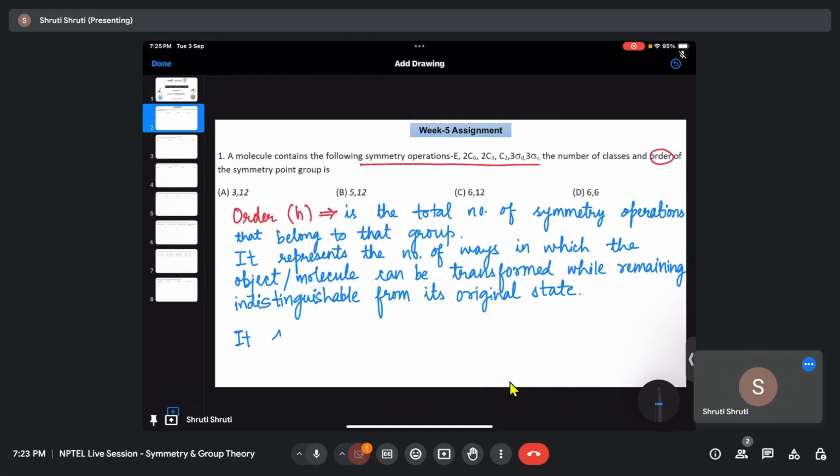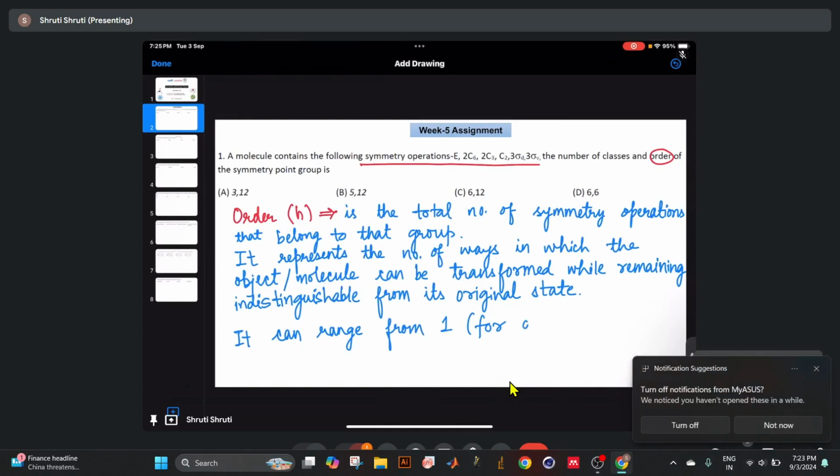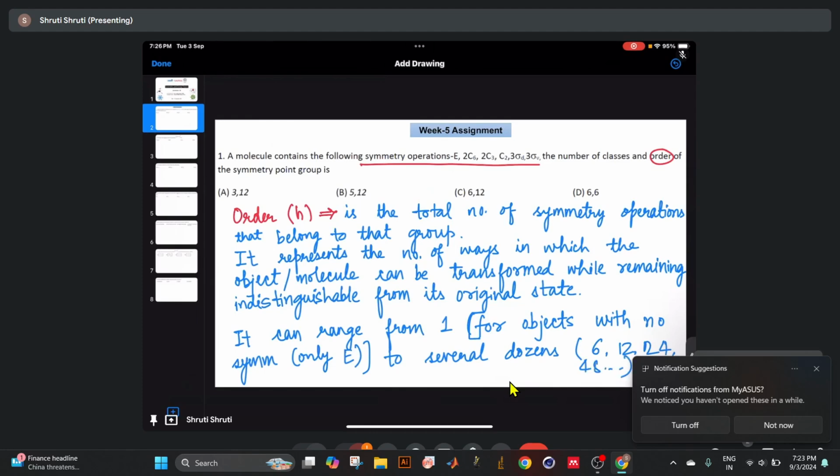It starts from 1. 1 will be the order for an object having only identity element as a symmetry operation, for objects with no symmetry, only E, to several dozens, and so on.